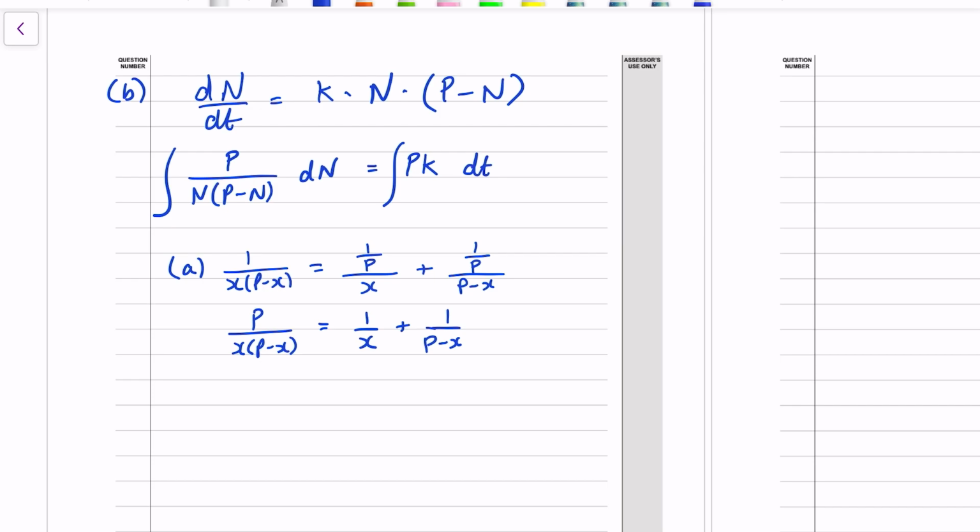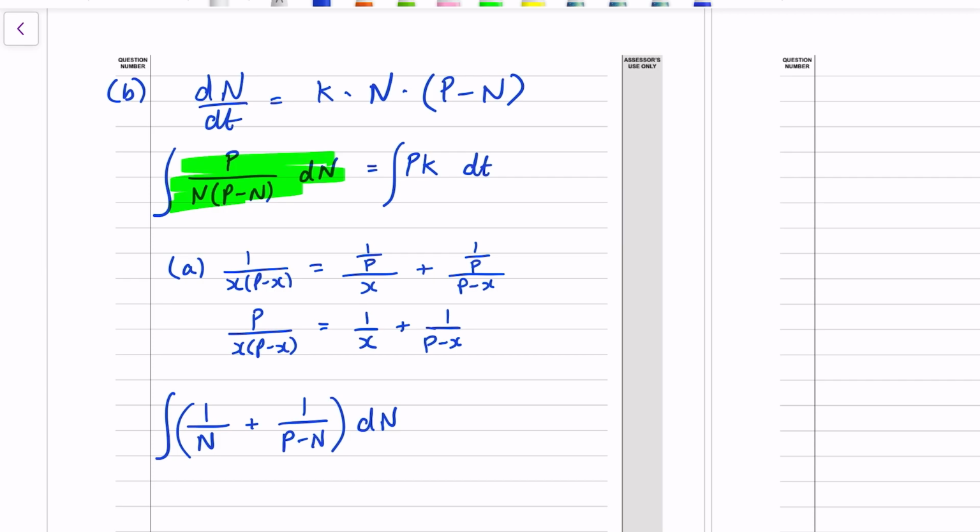Rather than integrate this, which has a non-linear denominator, it's got an n squared in the denominator, I'm going to use the partial fractions relationship. I'm integrating 1 over n plus 1 over P minus n dn.